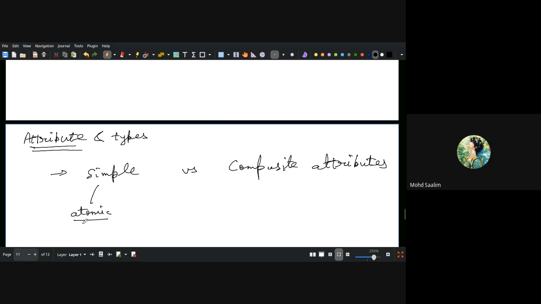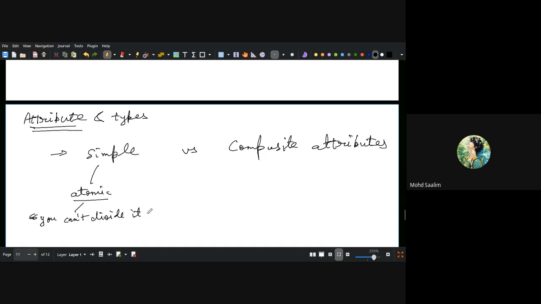You cannot divide it into multiple meaningful attributes, or I would say sub attributes.